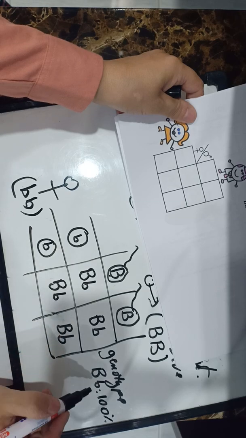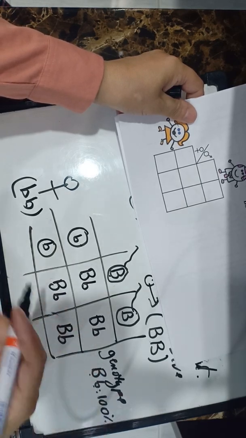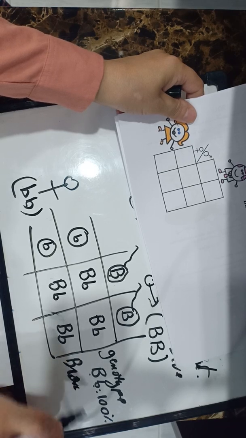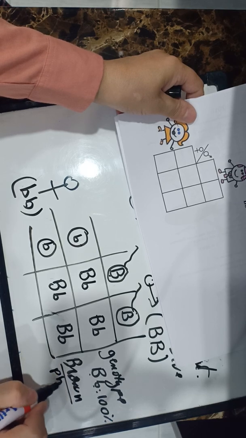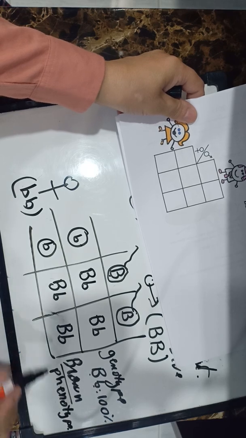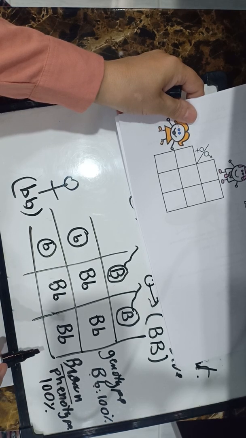And what is the phenotype? What is the feature you will see? It is actually brown color. This will be the phenotype, and all of them will be 100% brown color.